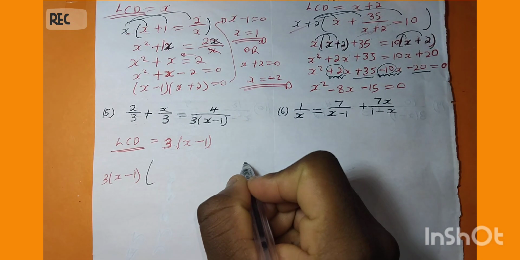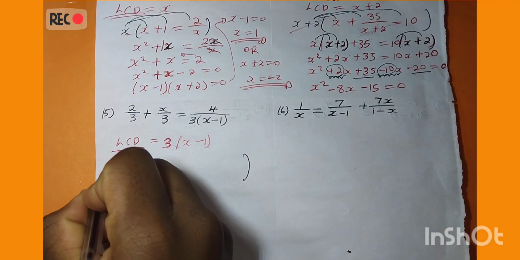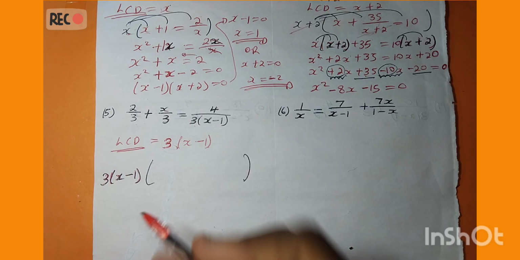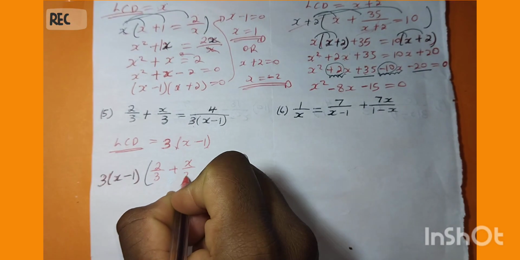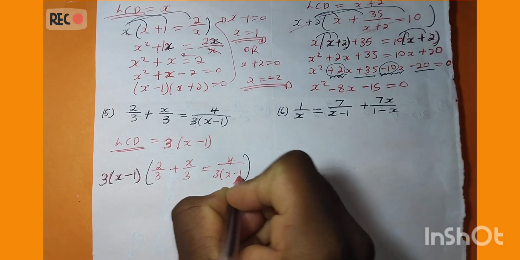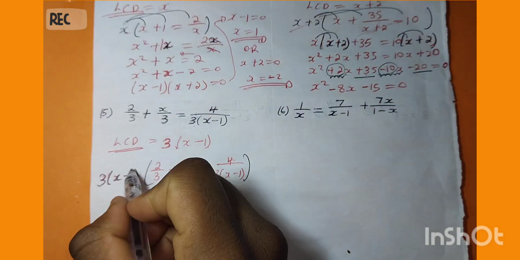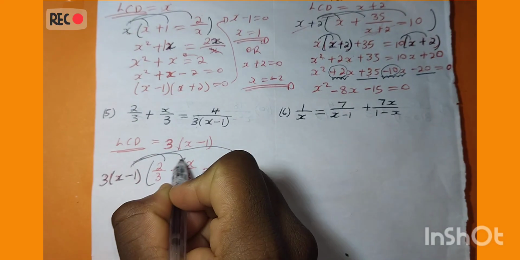Open bracket and close. This is my LCD. This, I prefer to write with a black pen there. It's this plus x over 3, equal to 4 over 3x minus 1. So it means that this will multiply here, and multiply there, and come and multiply here.